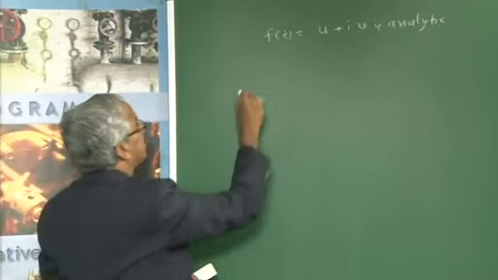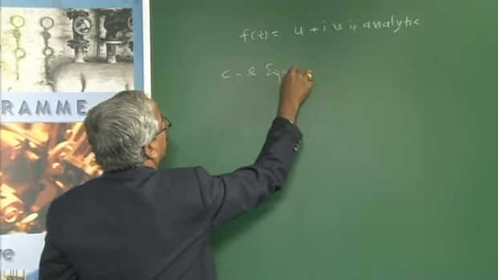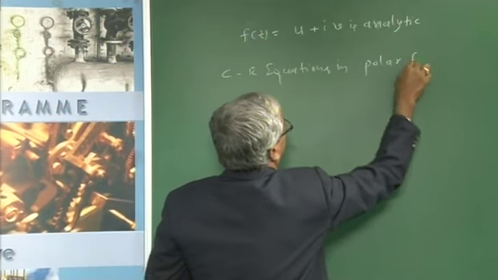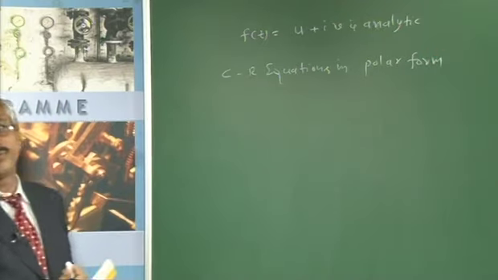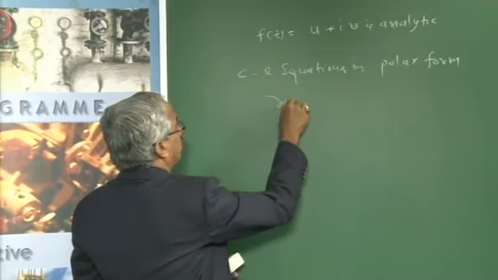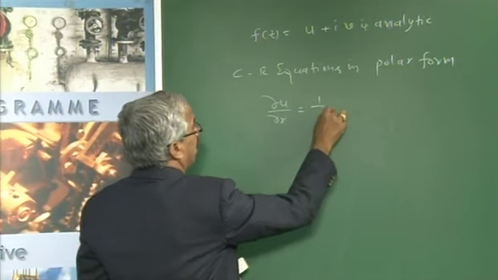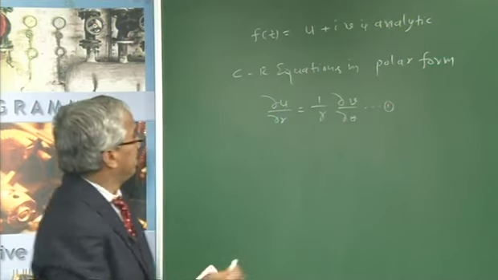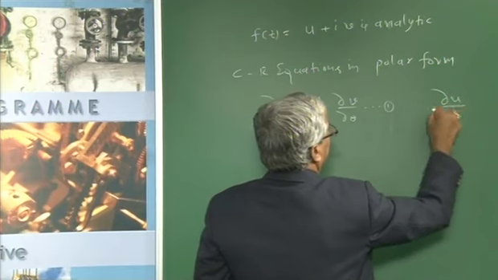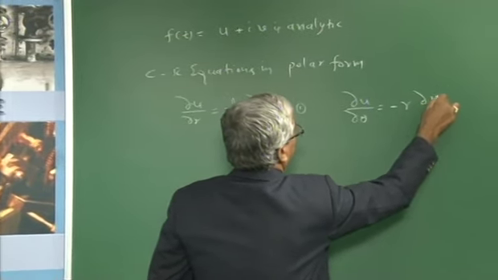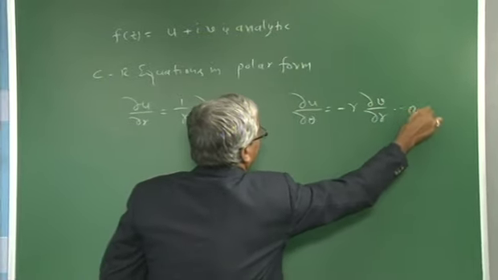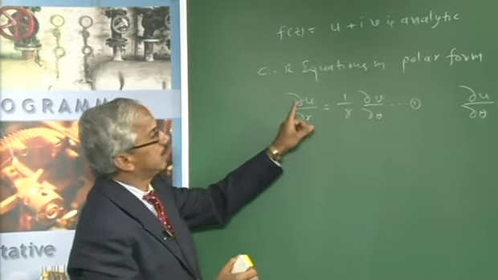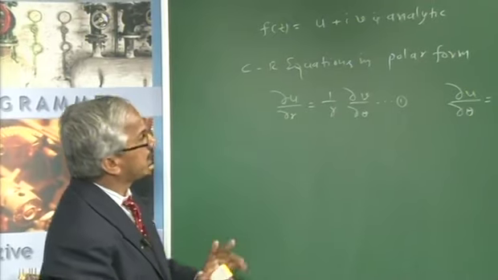The CR equations in polar form are ∂u/∂r = (1/r) ∂v/∂θ, which you call 1, and ∂u/∂θ = −r ∂v/∂r, which you take as 2. Now, I would first like to find out that u satisfies the two-dimensional Laplace equation.